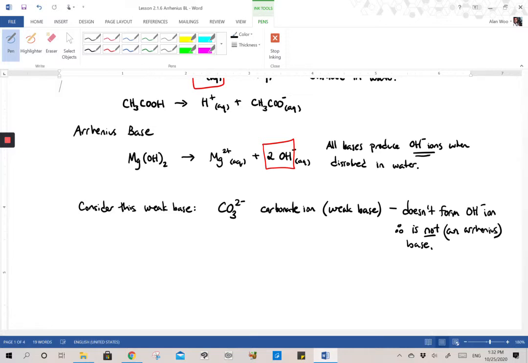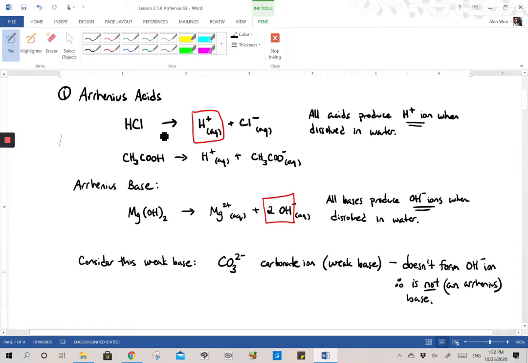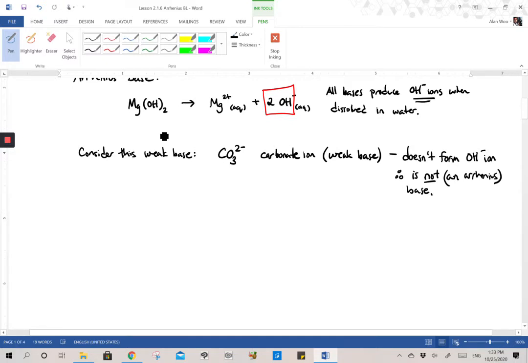So one of the things that we look at now is, well, how can we reorganize the way that we define acids and bases so that we can include more substances? So in this case, we enter Bronsted-Lowry.